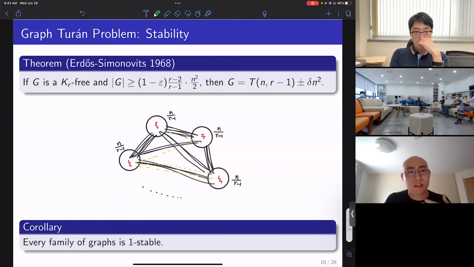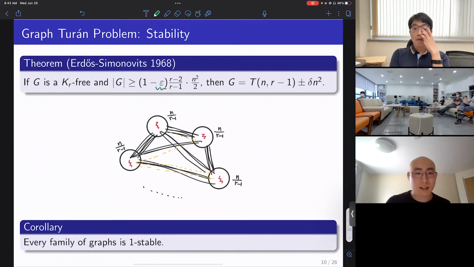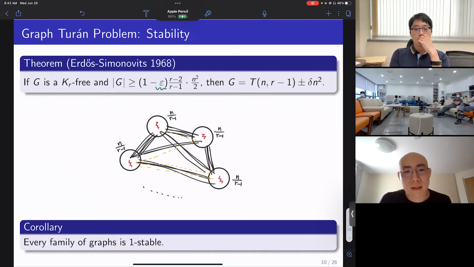It says, if you forbid a complete graph and you have many edges, many means you are not very far from the extremal function, only less by epsilon n squared. Then this theorem tells you, give me any such G. The structure of G must be close to the Turán graph.